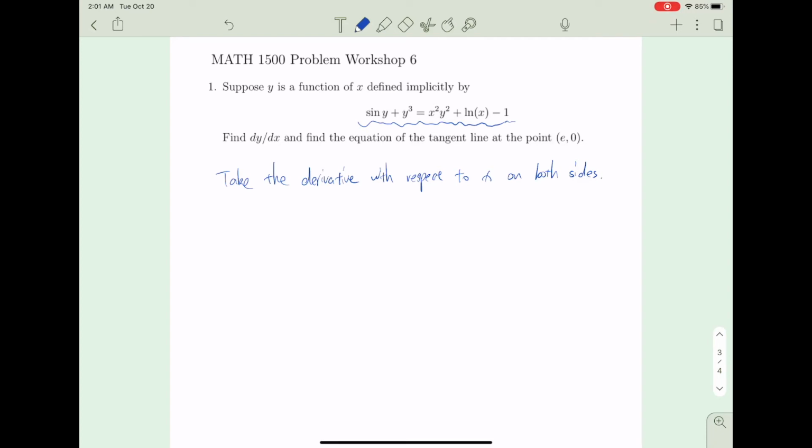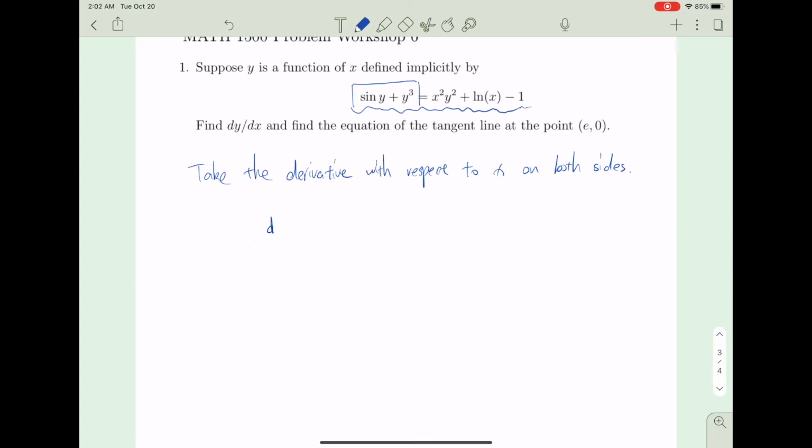Right. We have for the left hand side, sine y plus y to the 3, so it will be d/dx of sine of y plus y to the 3 equal to d/dx of x squared y squared plus ln of x minus 1. This symbol d/dx means the derivative with respect to x.